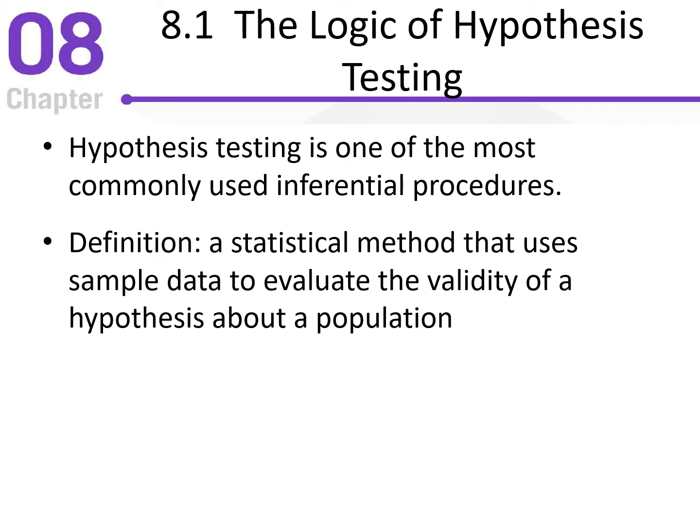That sample supposedly is representative of the population, and whatever you find in your sample should hold for the population. However, there's a bunch of errors that can be made with that. Since we don't really know the population, we can make a mistake using the sample to draw the inference about the population. That's where the type 1 and type 2 errors come in, which we're going to talk about later in this chapter.